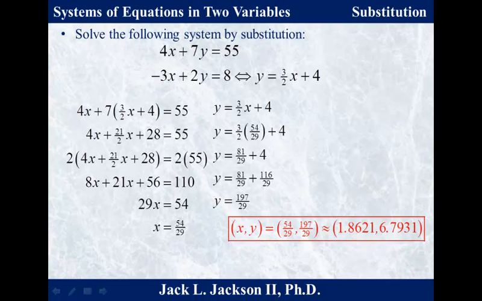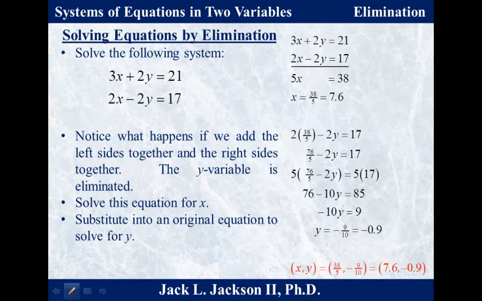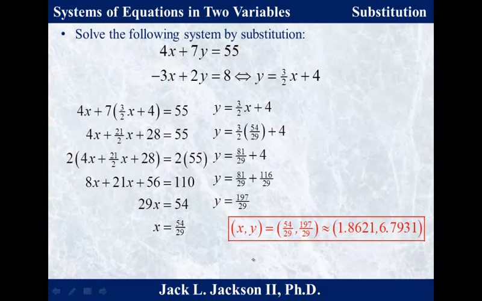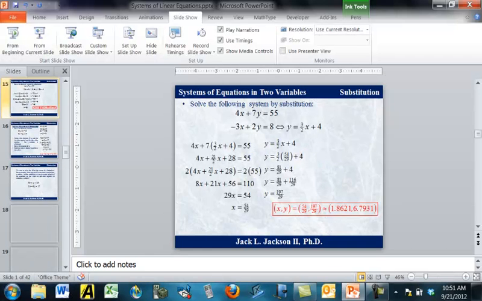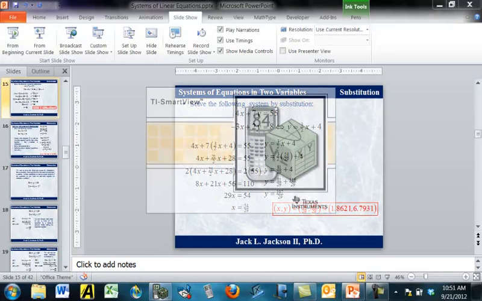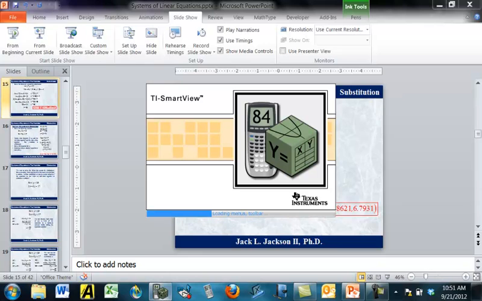Now we should check this solution, and I'm going to actually check this using a calculator and show you something that we can do here. This may take me just a second to pull my calculator up.